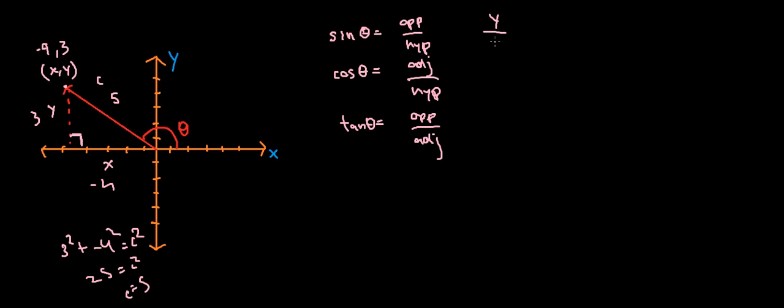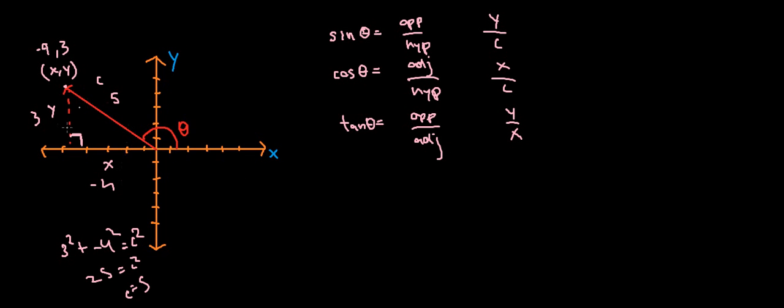Let's call it c. Cosine would be the adjacent side, or the x coordinate, over the hypotenuse. And then tangent would be the opposite side with respect to the origin. All these angles are going to be with respect to the origin, this triangle. That's going to be opposite over adjacent, y over x.